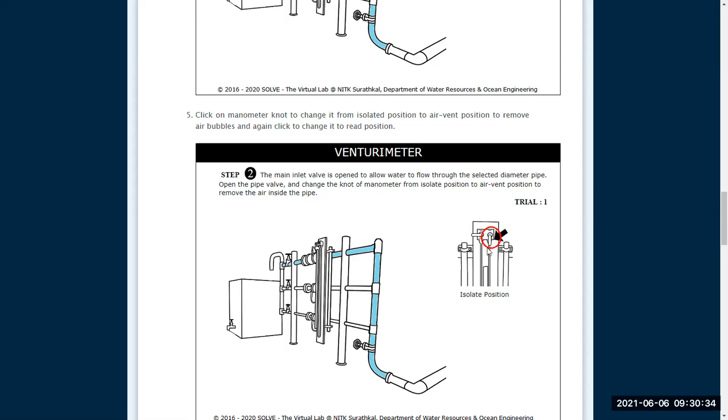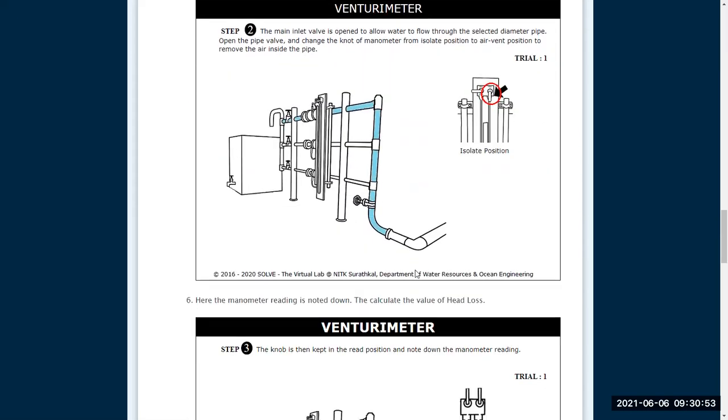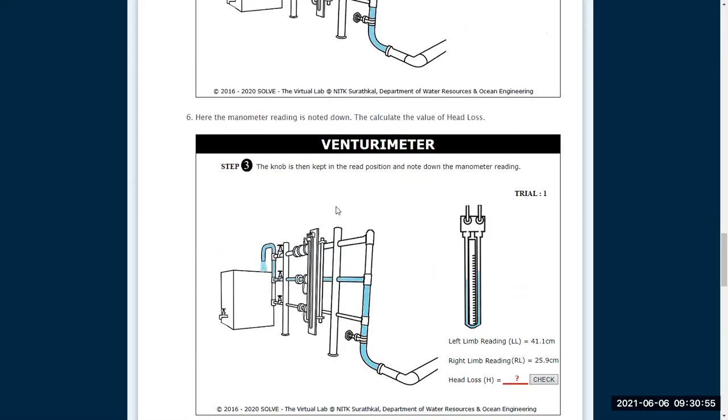You should open them to remove the air bubbles, from the isolate position to the air vent position, so that all the air bubbles get removed from the manometer.